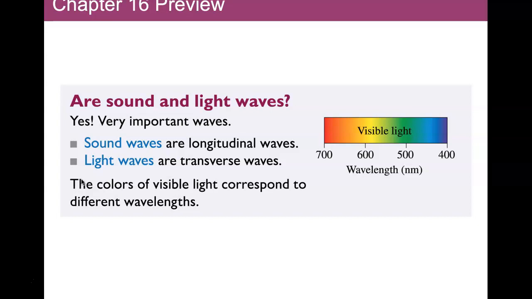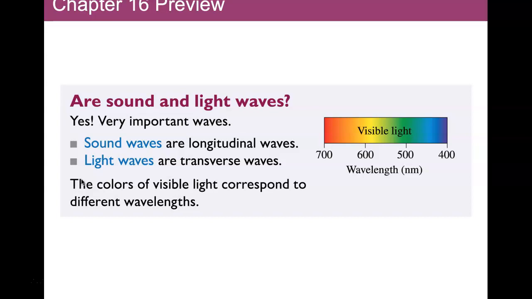Two prominent examples of waves are, of course, sound waves and light waves. Sound waves are longitudinal waves in the pressure, for example, of the air. Light waves can be viewed as transverse waves in the electric and magnetic fields that are perpendicular to the direction of propagation.